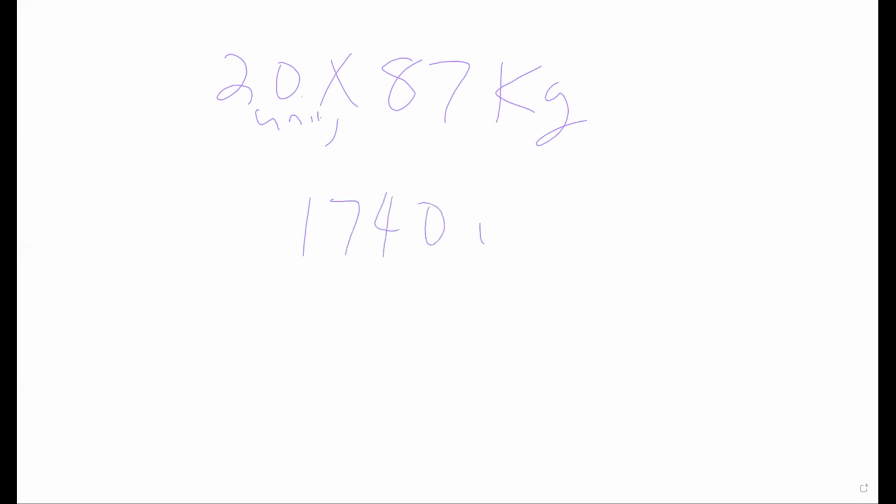So the first thing you're going to do, since we know that the doctor ordered 20 units per kilogram, we're going to take our 20 units times our weight, which is 87 kilograms. That should have gave you 1,740 units.